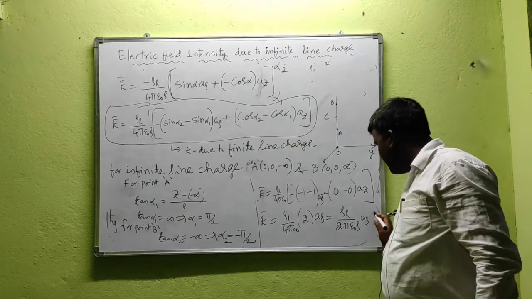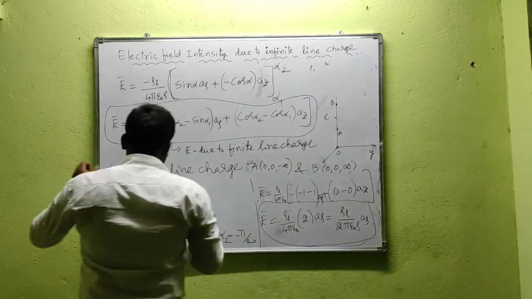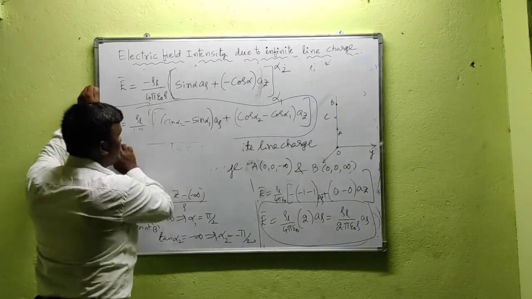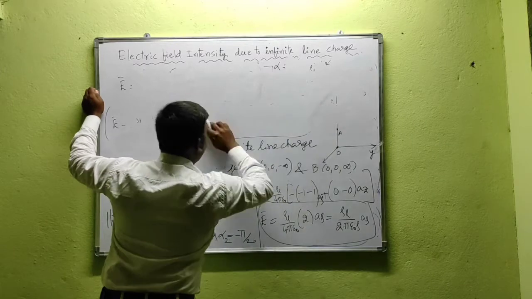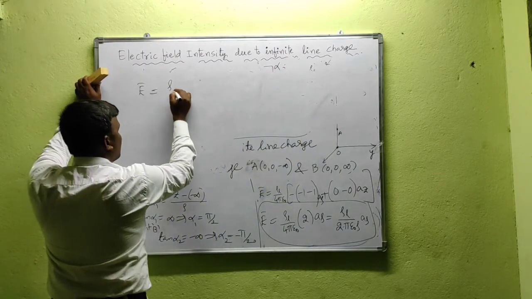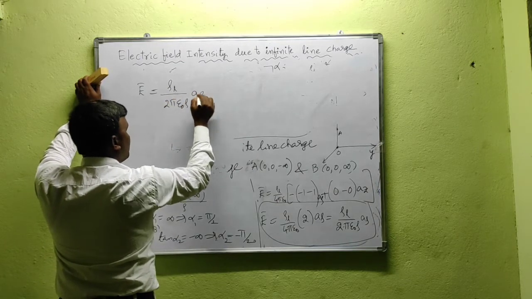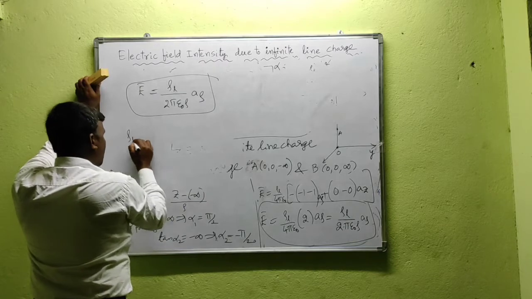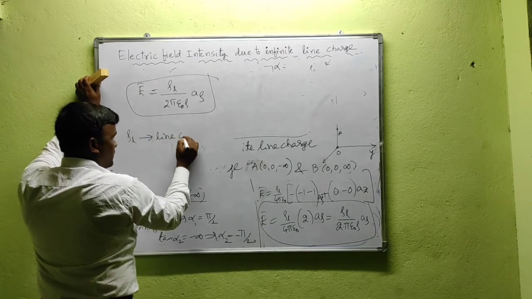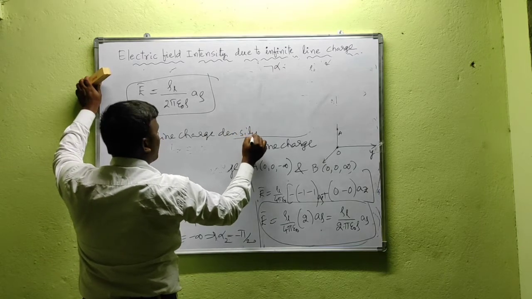This is what? Electric field intensity due to infinite line charge. Finally we got E bar as what? E bar is equal to rho L by 2 pi epsilon naught rho into a rho. What about this rho L? Rho L is line charge density, and what about rho?